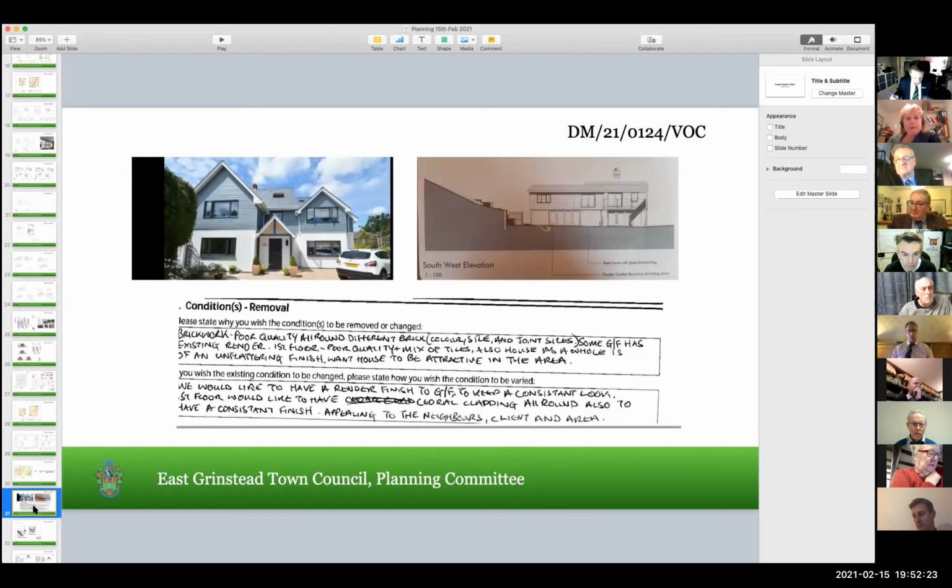We're going to go to Herentide for DM 210124. This is Kingsmead, Turners Hill Road. This is variation of condition 3 relating to planning application DM 182461. Again, I've got the variation in front. It's mainly to do with the render and the cladding. Councillor Odey, would you like to discuss this?